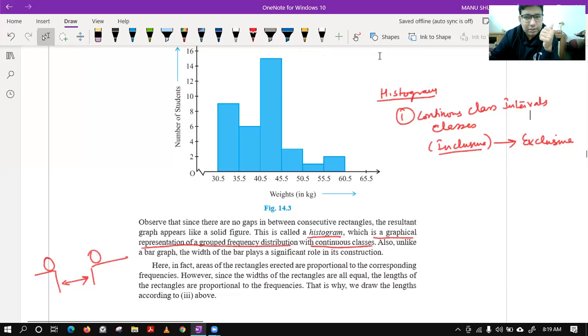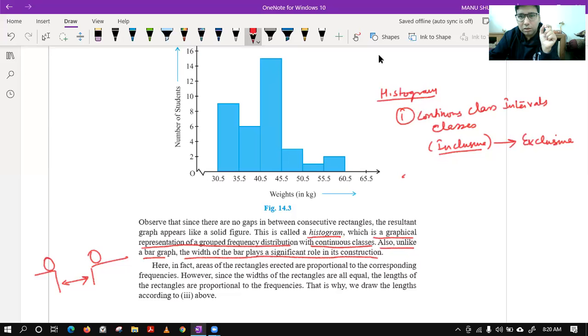The second thing they are saying is, unlike a bar graph, that means it is a little bit different from a bar graph. How? The width of the bar plays a significant role in its construction. So class, as I've told you, the width of the bar plays a significant role. That means you have to take care of the width also.